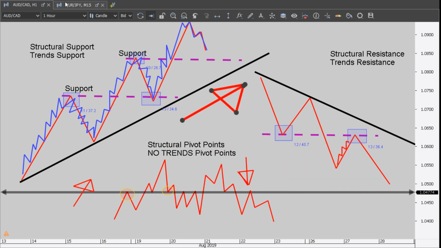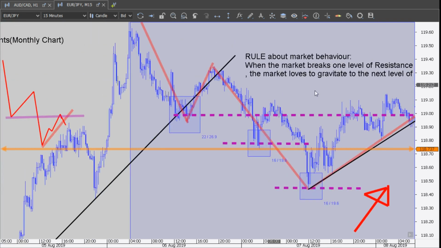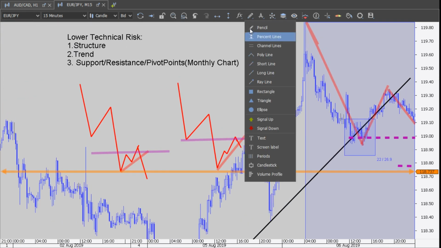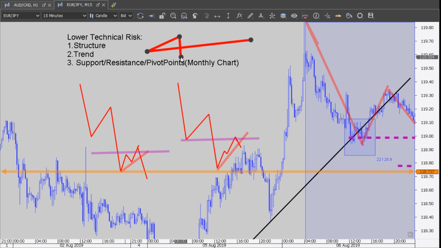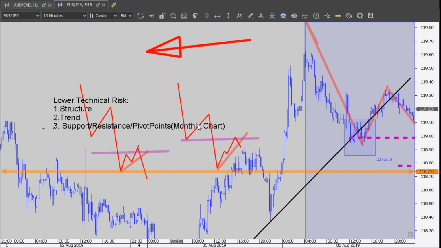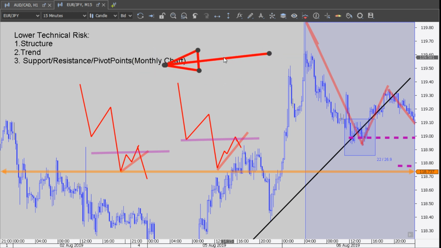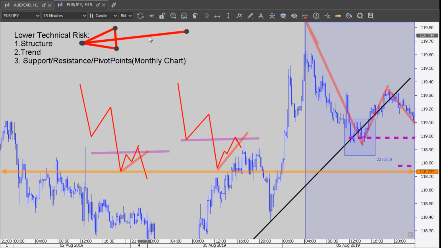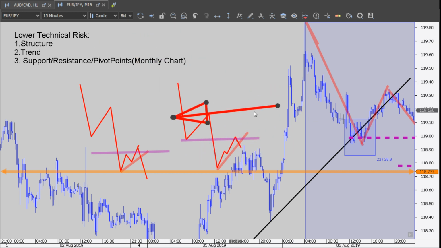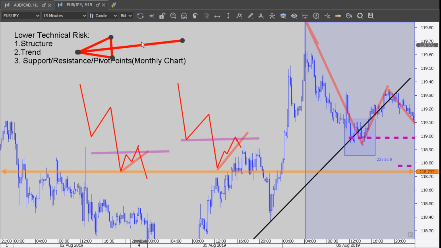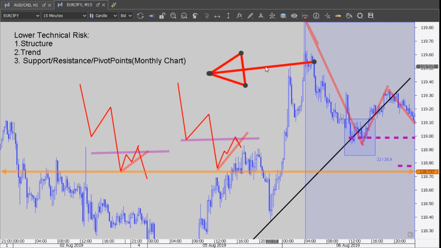And remember, the most important thing you should learn today, everybody, is that you are not going to learn how to spot resistance and pivot points and everything today, but you need to understand that when you can see support, a resistance or pivot point, this is going to lower your technical risk. This is the main point for this lesson today. It is going to lower your technical risk and increase the probability of success.